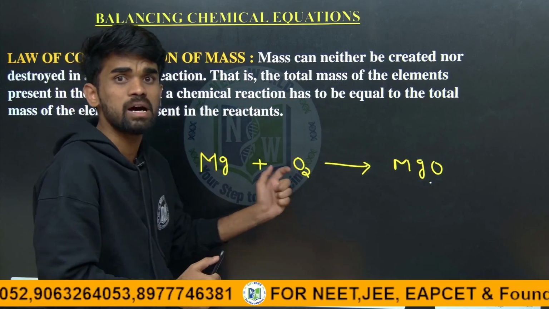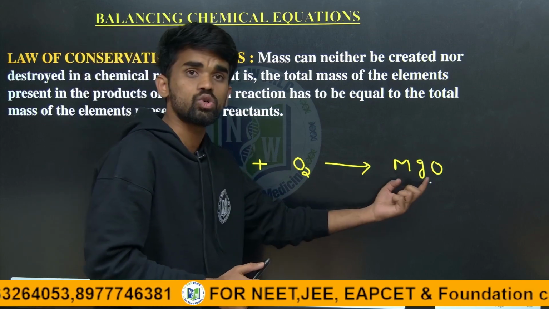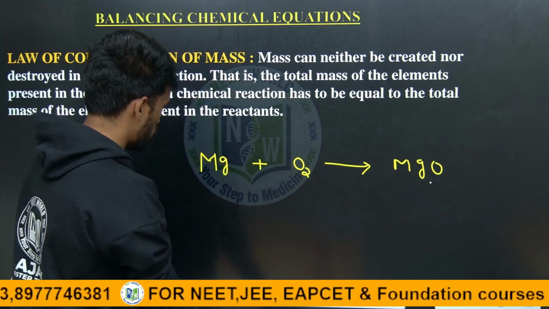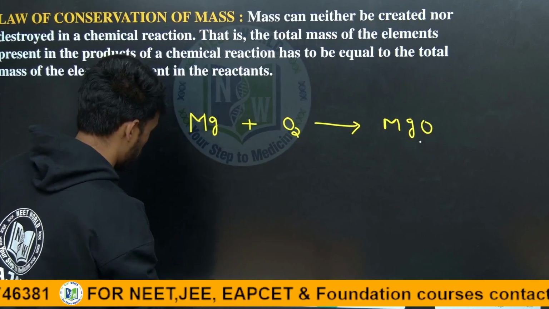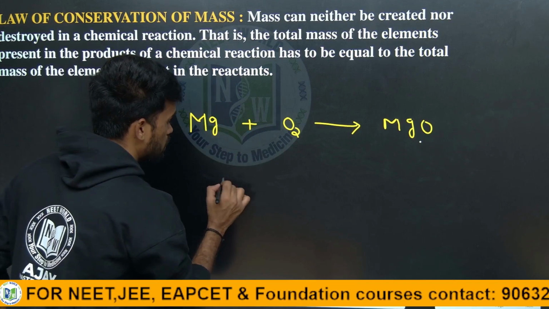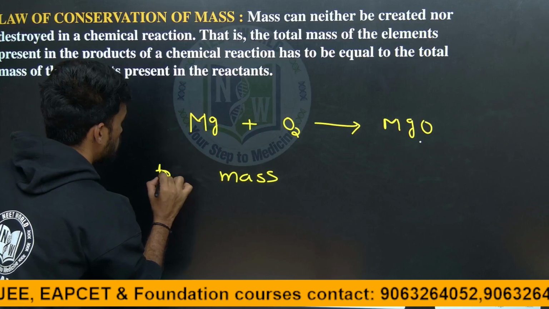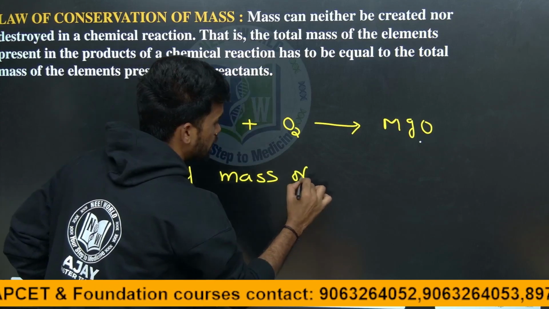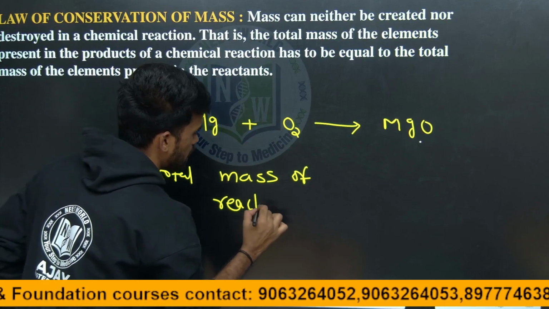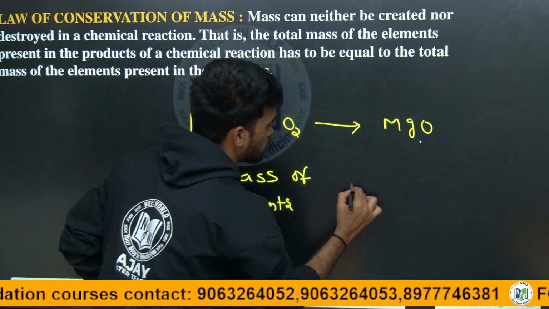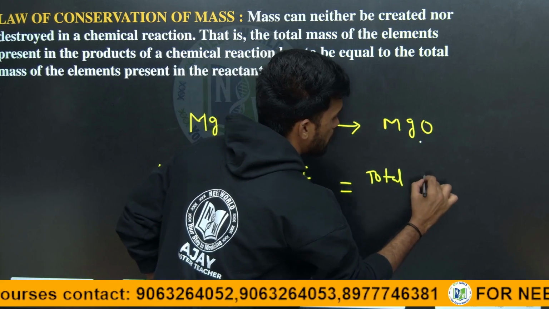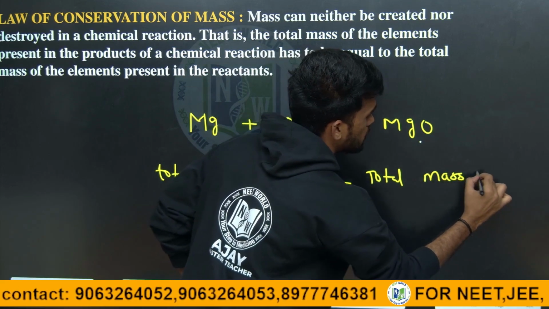Therefore, the total mass of reactants should be equal to the total mass of products formed. So you can write: law of conservation of mass means the total mass of reactants should be equal to the total mass of products.